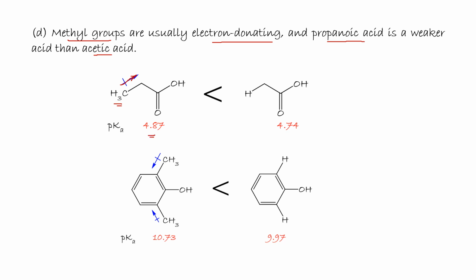It's 4.87, while in acetic acid the pKa is 4.74. Again here, the methyl group by induction, positive inductive effect, will destabilize the O- conjugate base from the phenol, making it a weaker acid. It's 10.73, while in phenol it's 9.97.